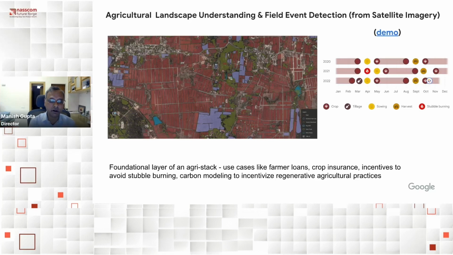In particular, we were initially looking at problems like identifying farm boundaries, identifying the crop being grown, and estimating the yield, so that we can unlock use cases like providing farmers access to loans from banks instead of being at the mercy of loan sharks who charge really outrageous rates of interest, or getting them access to crop insurance.